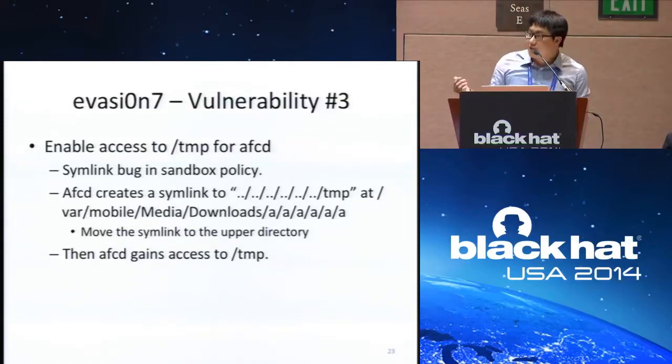At the creation time of the symlink, the target is still inside the sandbox of AFCD, but if the evaders later move that file up to the upper directory, it will eventually point to /tmp. At that point, iOS fails to make the security check, so AFCD can access the /tmp directory.